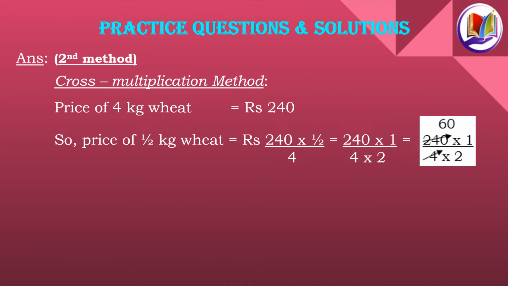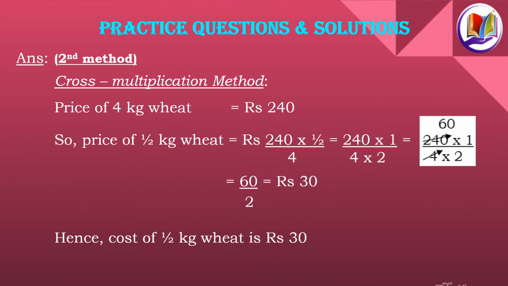So 240 multiplied by 1 upon 4 multiplied by 2. Cancelling out 4 and 240 using the table of 4, we'll get 60 multiplied by 1 upon 2, that is 60 upon 2. So again dividing 60 by 2, that is 2 3s are 6. So price of half kg wheat is rupees 30.